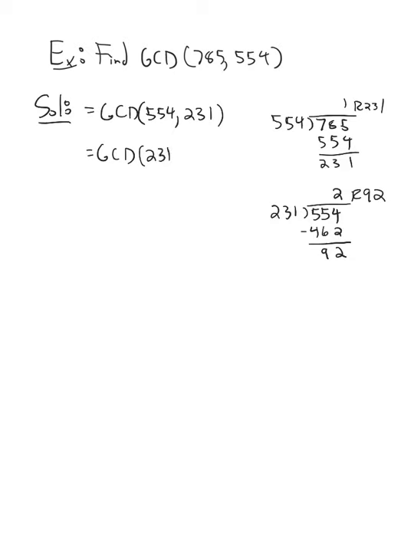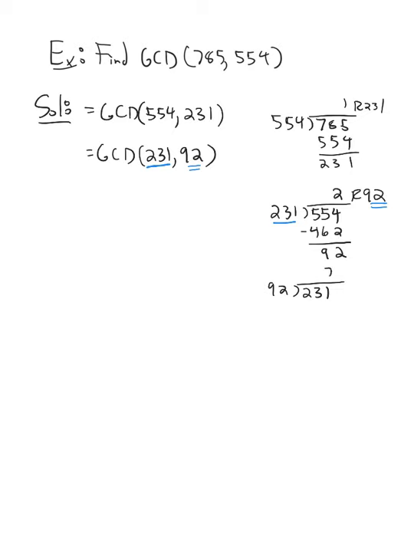of 231 and 92. Just to make sure, it's always going to be the divisor and the remainder that go in your GCD calculation. So we'll do it again. 92 into 231.